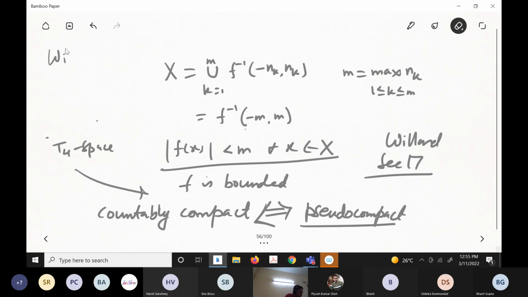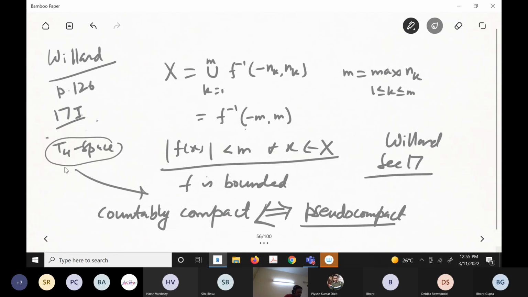Okay, so that we learned, page 126, problem number 17J. You should look at these problems. The pseudo-compact T4 space, if you work on T4 spaces, they are equal. And why T1 is required, I'm not very sure about it. I think normally it should work. So that countably compact, pseudo-compact is this.